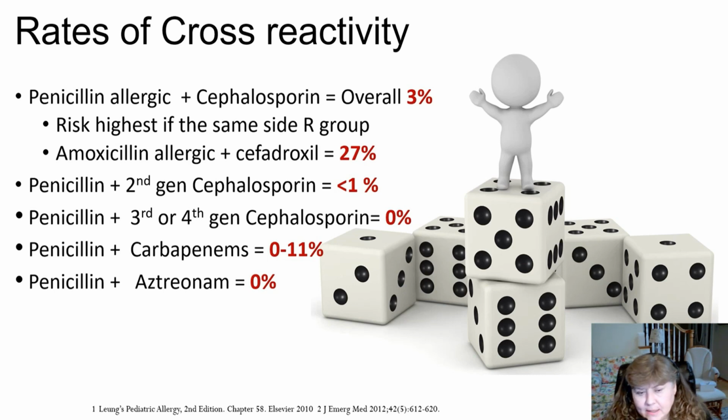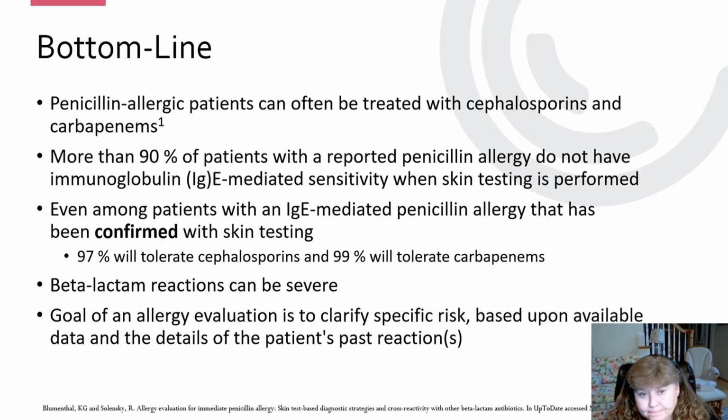If you're penicillin allergic and you use a third or fourth generation cephalosporin, you have a 0 chance of reacting to that cephalosporin. So it's really important in patients who have the allergy that they understand that there are many more antibiotics that are available, even though they're penicillin allergic, that can be used safely. And you can see there the rates for azathioprine and also for carbapenems are also here on this slide.